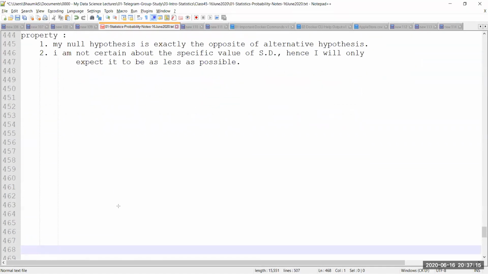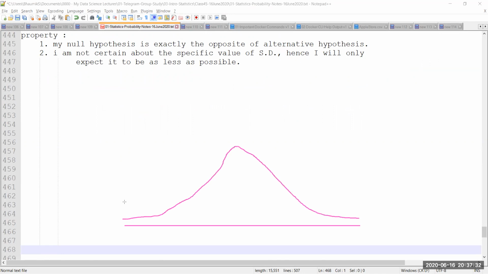Let's say I am going to draw it something like this. Let's say I'm going to take this as my x-axis, and then I have a sampling distribution which looks something like this. Okay, so this is not really good, but it explains the point. So let's say this is my mean.